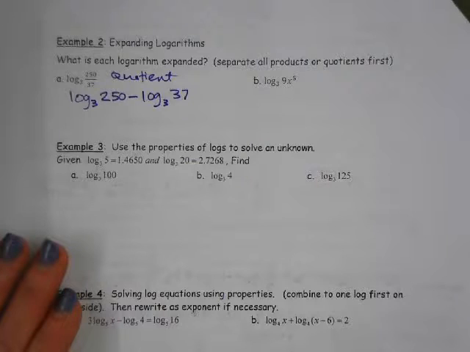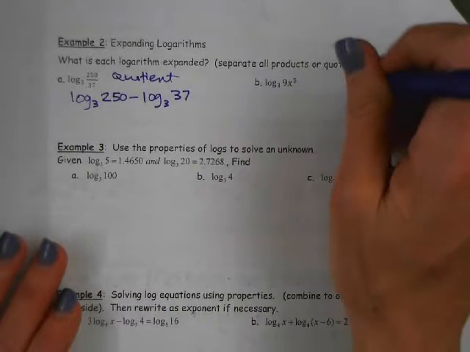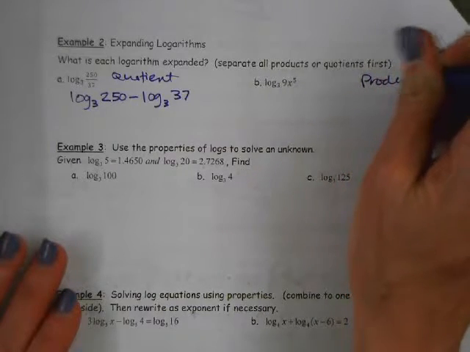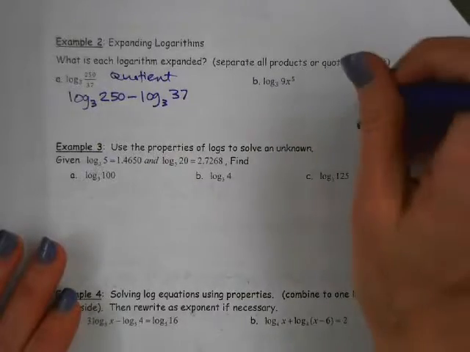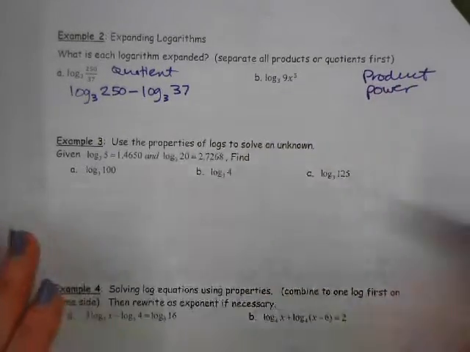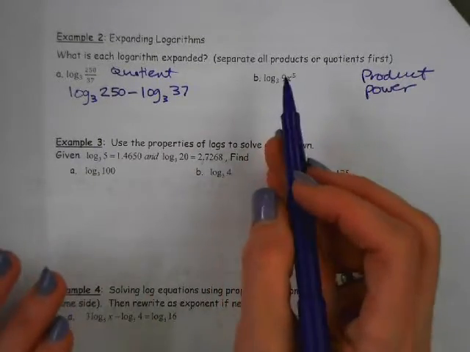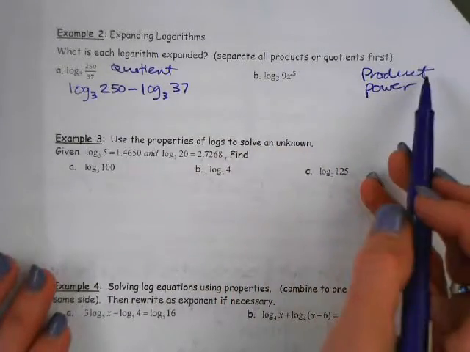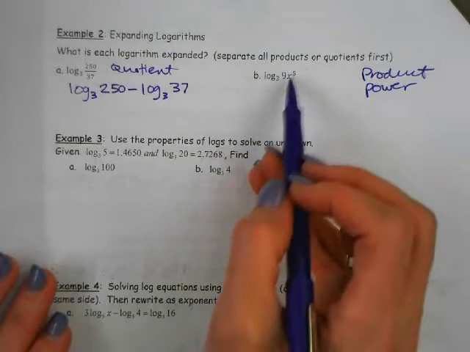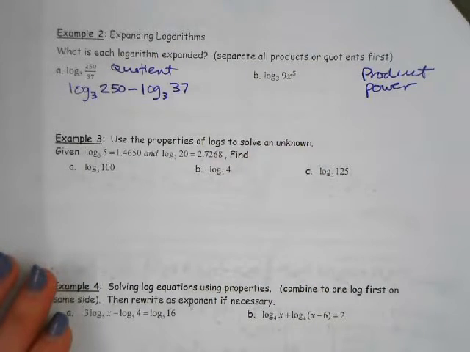Can anyone see any properties on this one? Product. I see a product. And then what else do you see? Power. Okay, so I have two items being multiplied together. The property of multiplication is the product. The power, there's something being raised, that's the power one, right?